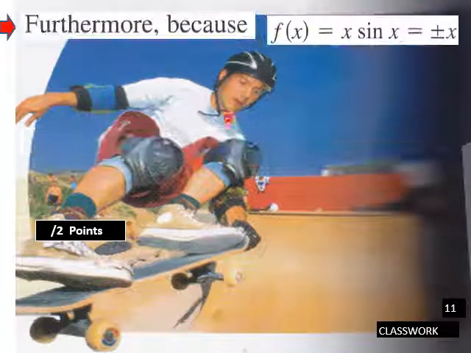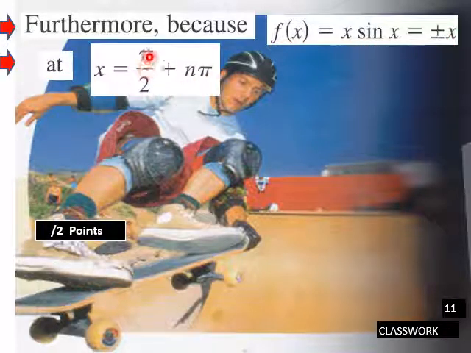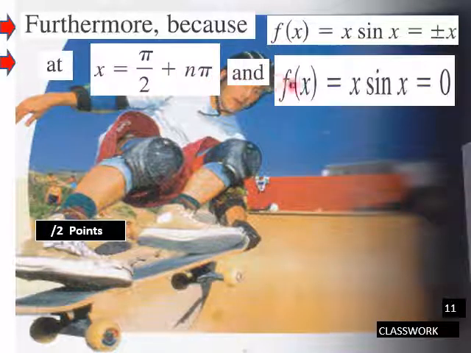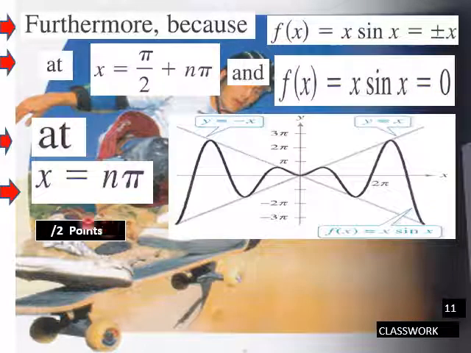Furthermore, f of x equals x sine x equals plus or minus x at x equals pi over 2 plus n pi, and f of x equals x sine x equals 0 at x equals n pi. You can see you're going to come up with something like this.